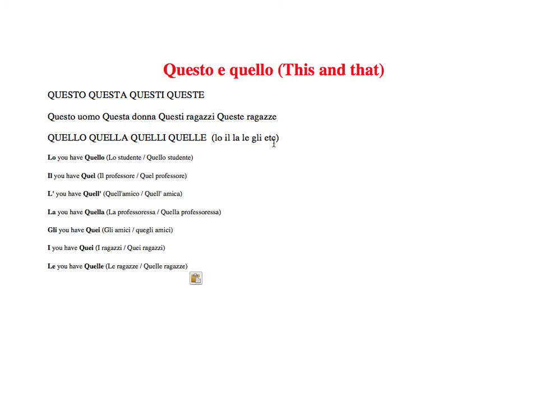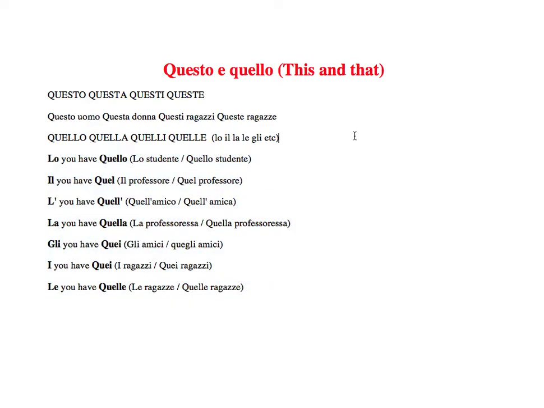So let's see what this means. Now, let me make this one a little bigger. Okay, first of all, you see they are always placed in front of the noun.